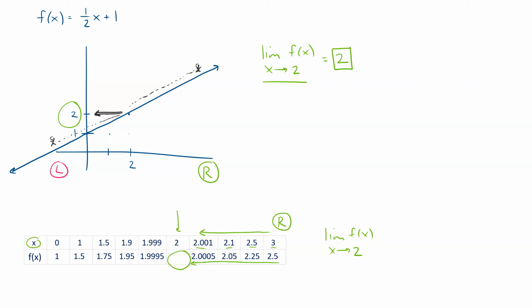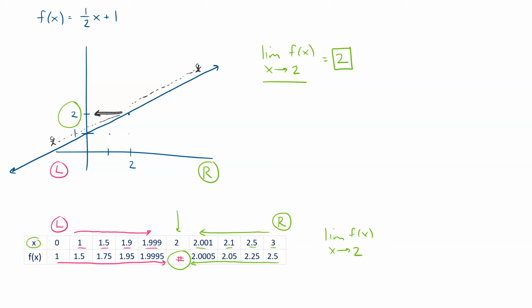Let's go again from the left-hand side. If we approach the x value of 2 from the left-hand side, looking at our x values, we are getting closer and closer to 2, and then we compare the y values. Our y values are getting closer and closer to a certain value. Now, I didn't actually write that number in.